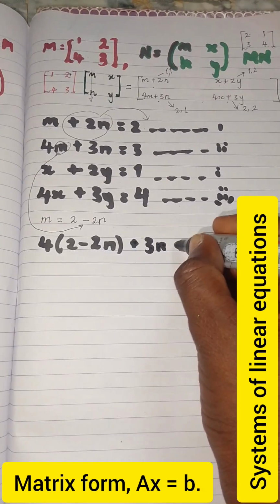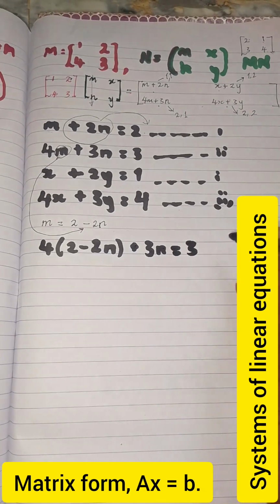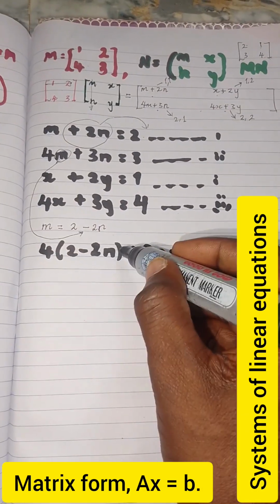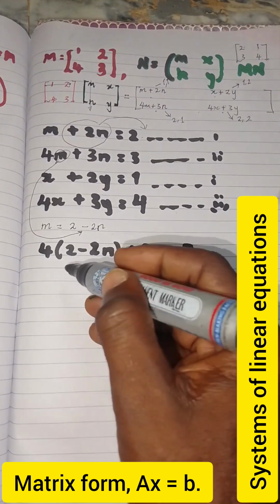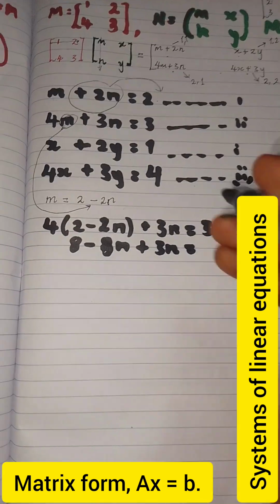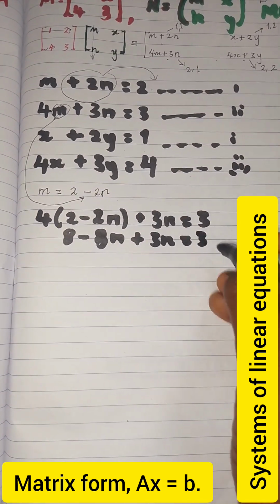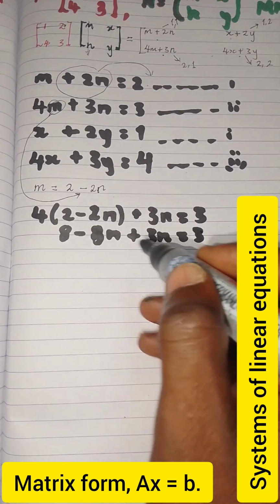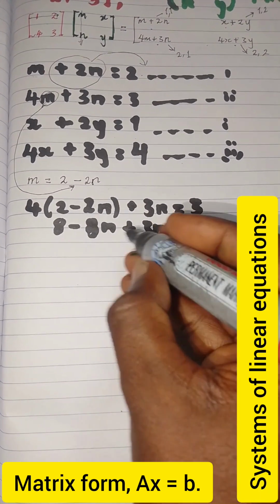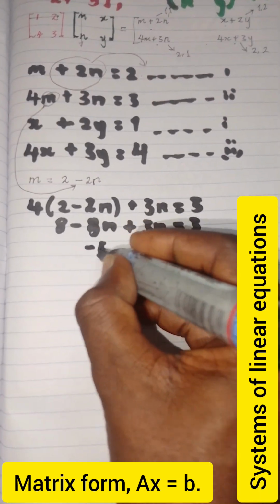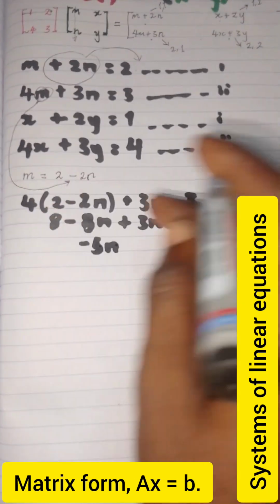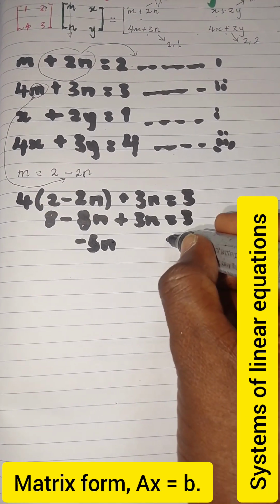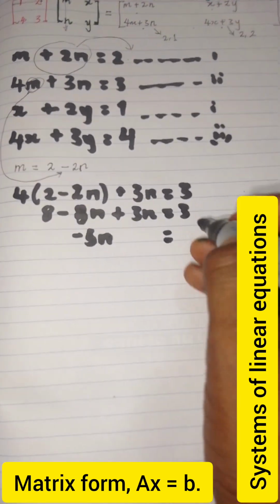Multiply this: 4 times 2 is 8, 4 times minus 2n is minus 8n. Then minus 8n plus 3n gives us minus 5n. The 8 goes to the other side of the equation; by the time it goes, it becomes minus 8.